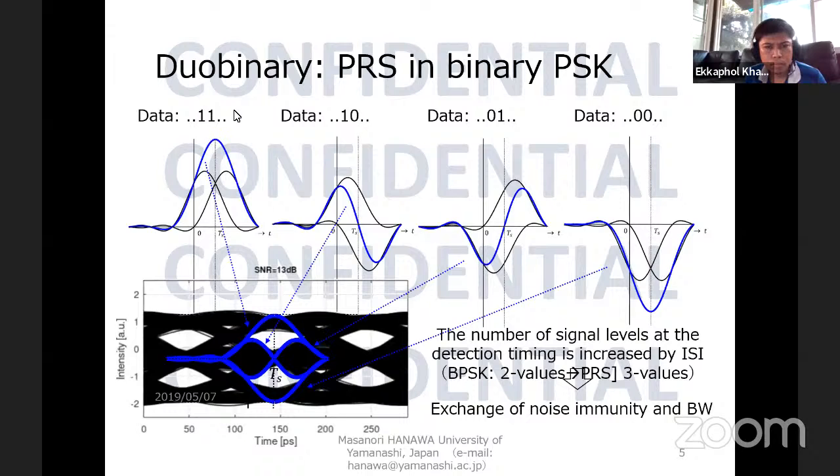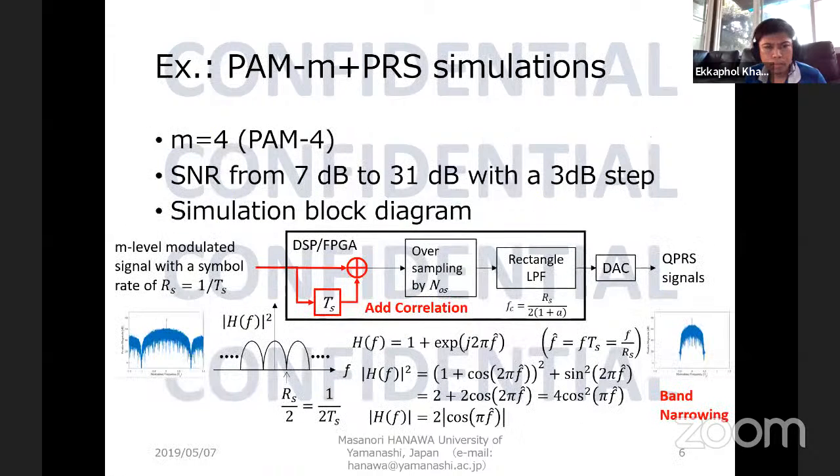Dual binary means PAM2 PRS, PAM2 PRS is so-called dual binary. But the generation method is the same for PAM4 or PAM8.